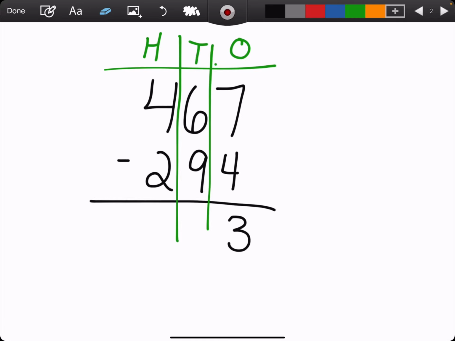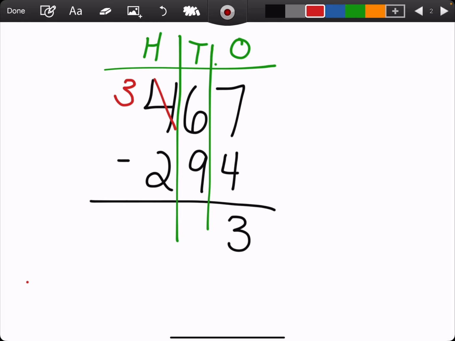So since I can't do 6 take away 9, I'm going next door to the 400s. And I'm going to cross out my 400s, and I'm going to make it a 300. So I am taking 100 and going into my tens place.